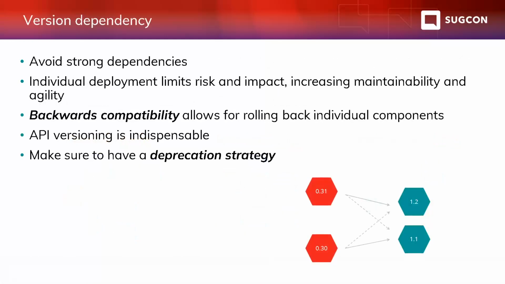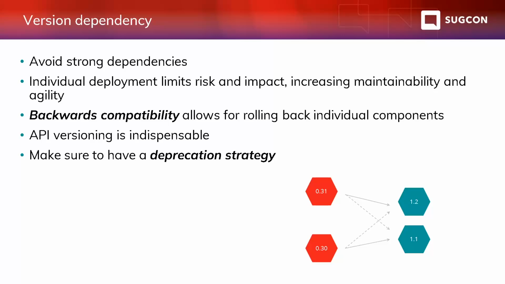Last one is version dependency. Obviously, you want to avoid strong dependencies between those components, but you also want to have the ability to individually deploy all of those components to limit risk, impact, but also to increase your maintainability and agility. And that means that you also want to be able to roll back those components.